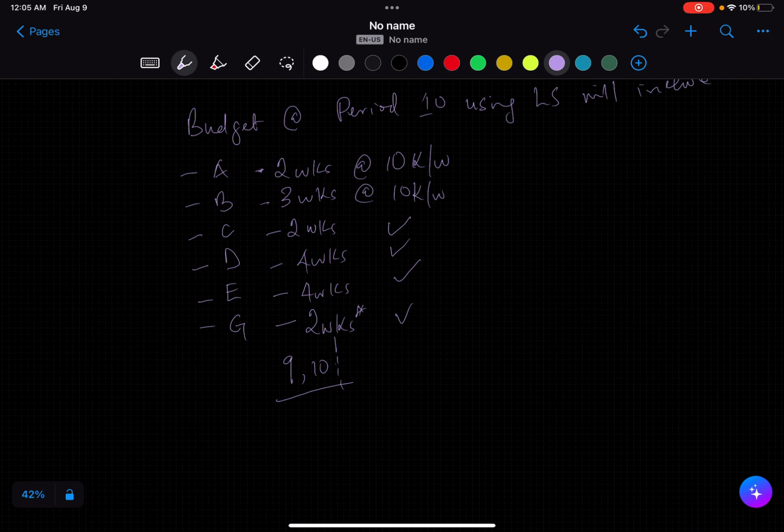So if we calculate this, the budget for activity A, assuming we finished it, is 20k. B is 30k. C is 20k as well. D is 40k.